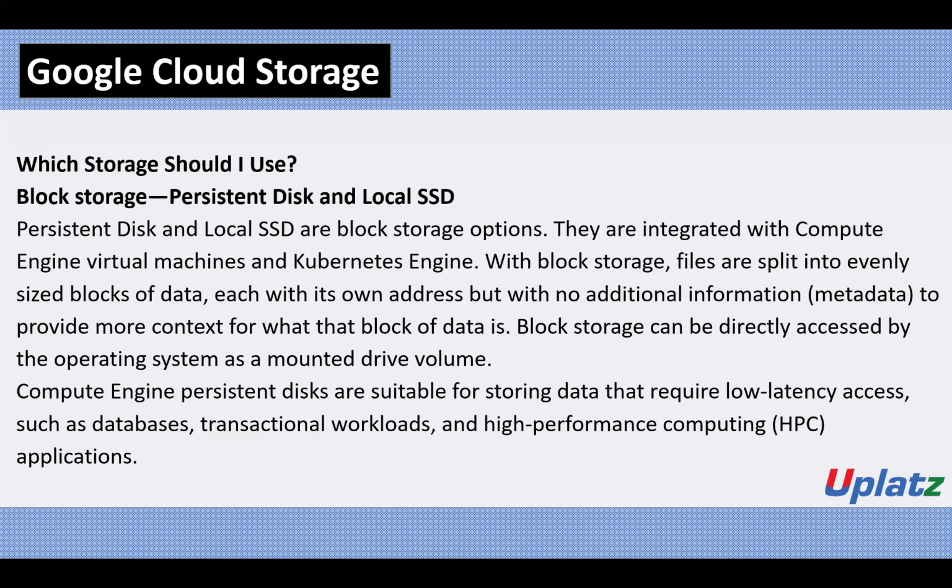Block storage can be directly accessed by the operating system as a mounted drive volume. Compute Engine persistent disks are suitable for storing data that requires low latency access, such as databases, transactional workloads, and high performance computing applications.